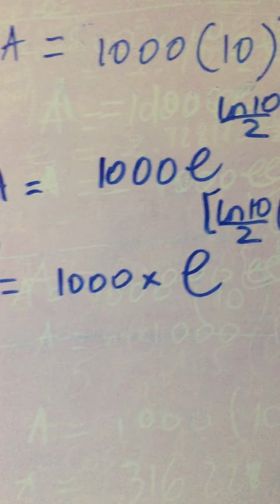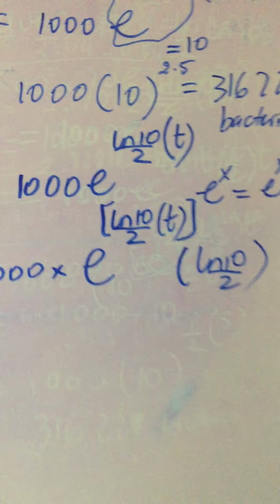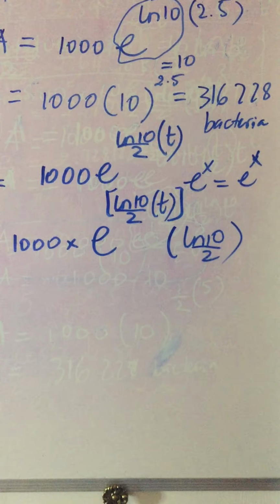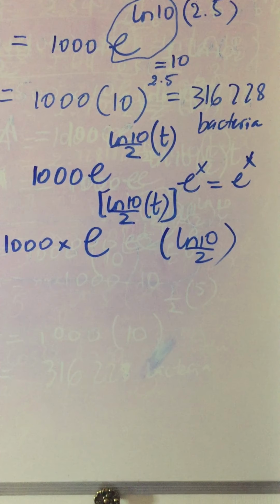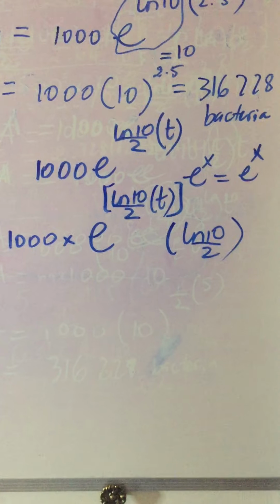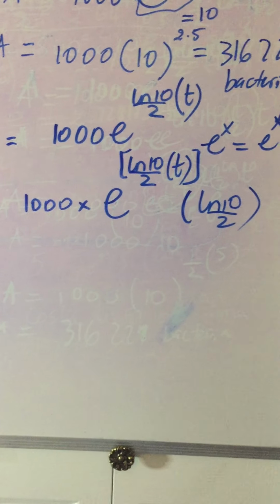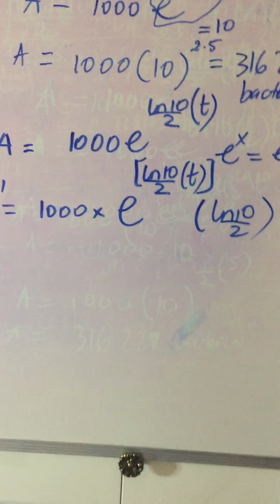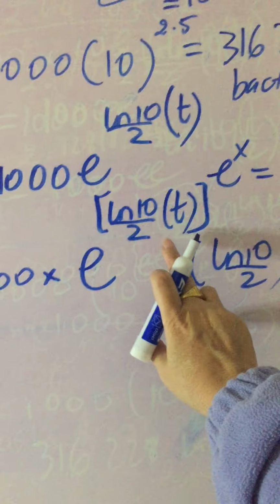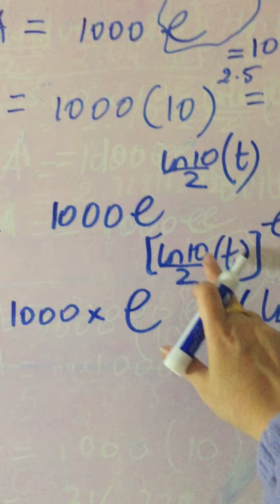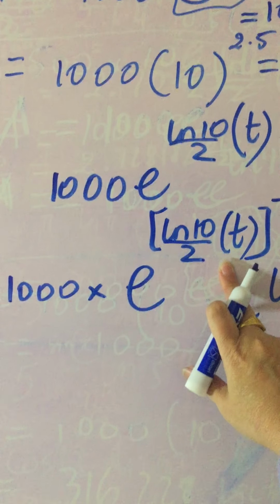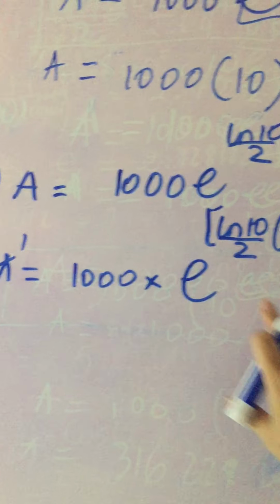Okay, so A prime equals that. Our function is ln 10 over 2 times t, so the derivative of this is this.